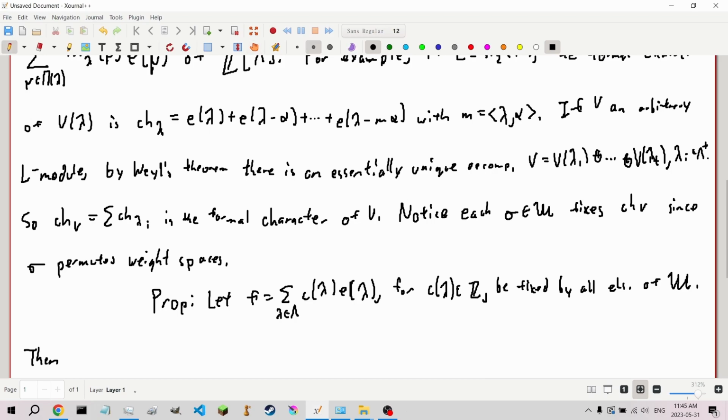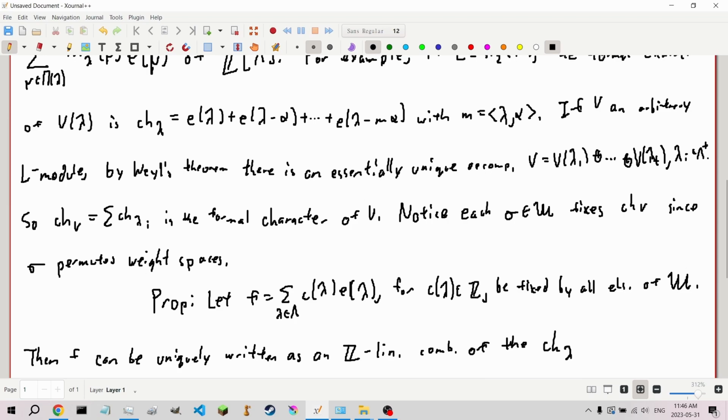Then F can be uniquely written as an integer linear combination of the CH lambda.